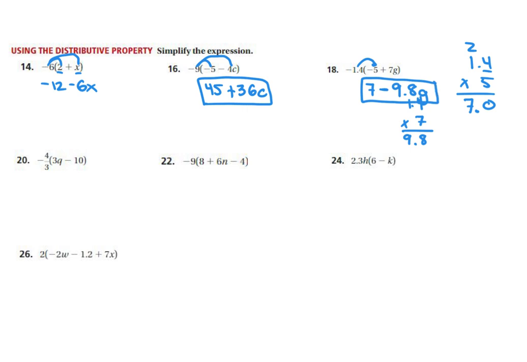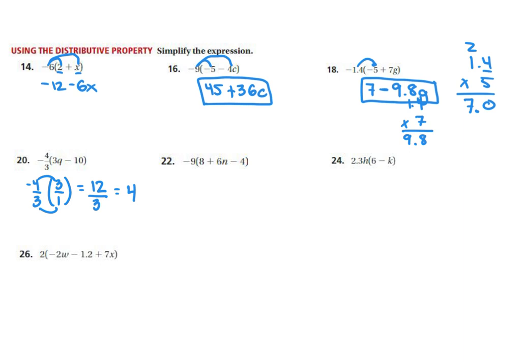Number 20, we're distributing a fraction. So we're going to have to think back to our chapter 1. Negative 4/3 times 3, which is 3/1. So 4 times 3 is 12. 3 times 1 is 3. 12 divided by 3 is 4.